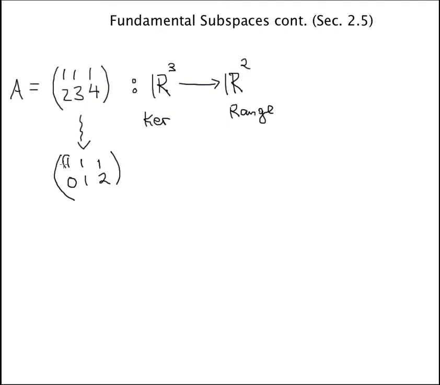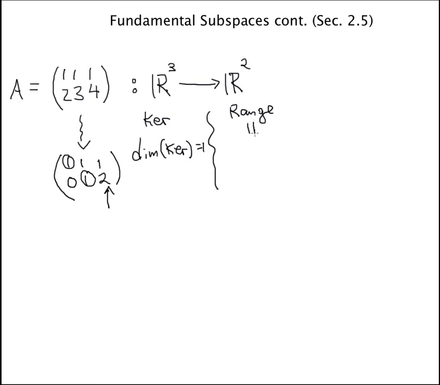And so it has 2 pivots and 1 free variable. And that says that the dimension of the kernel is equal to 1.